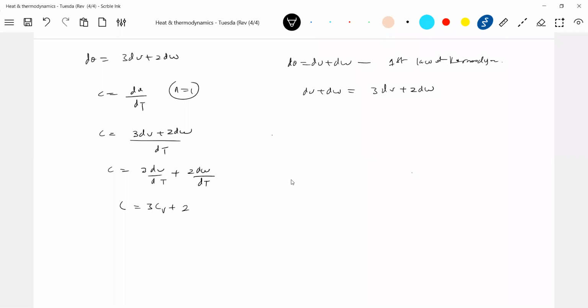This should become equal to 2 du plus dw. So in general, keep 2 du as it is, or dw. If you want, you can write it here. No need to go for all this. You can see that you are very near to the answer.